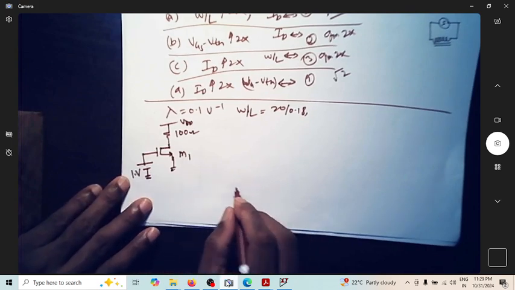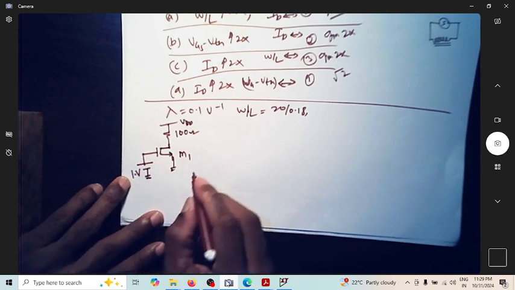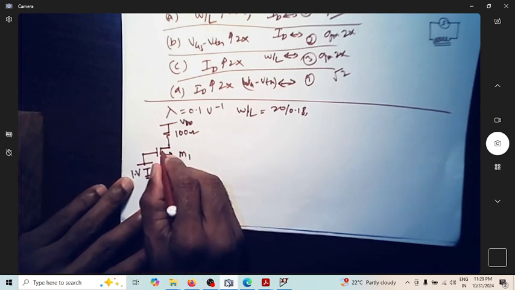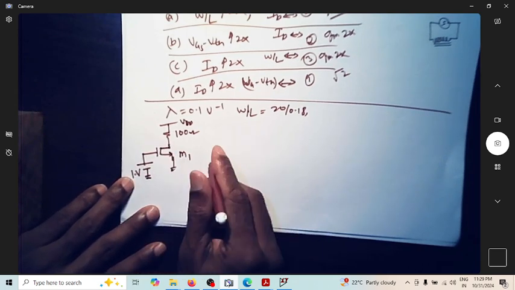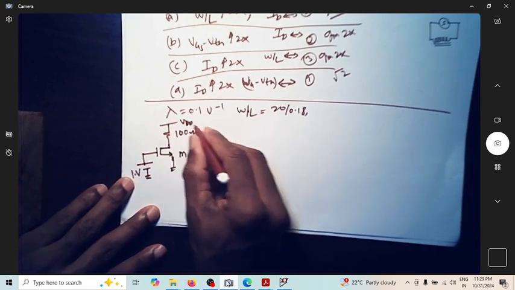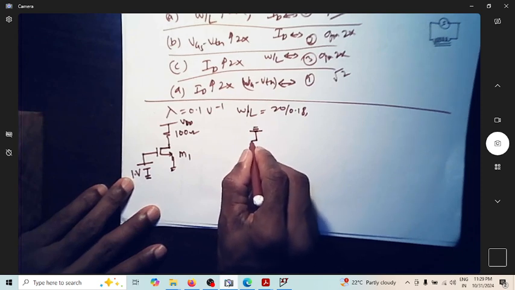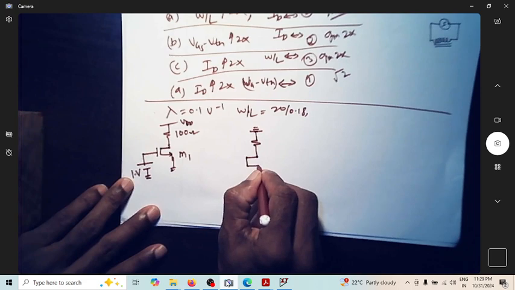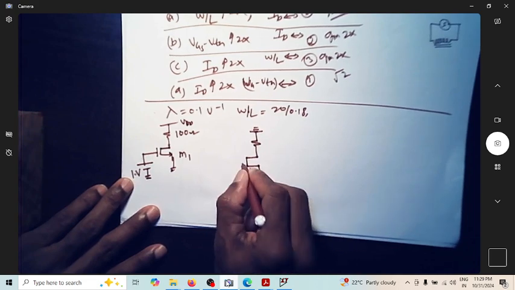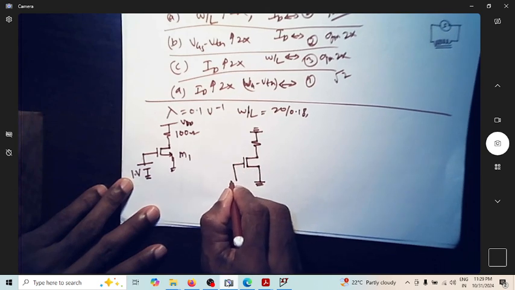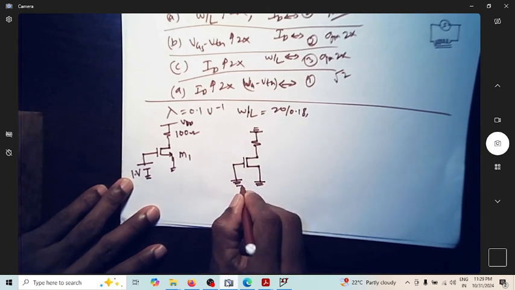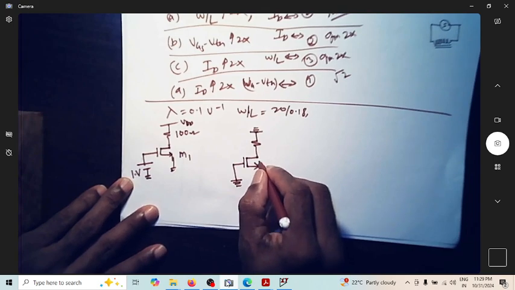Of course lambda is non-zero. So I can replace this entire circuit by its AC equivalent. In the first stage, I replace the DC voltage by the AC ground. You can see now this is AC grounded, and I have this as 100 ohm. This is again actual ground, and this is also AC grounded. See here, so this is the first stage.